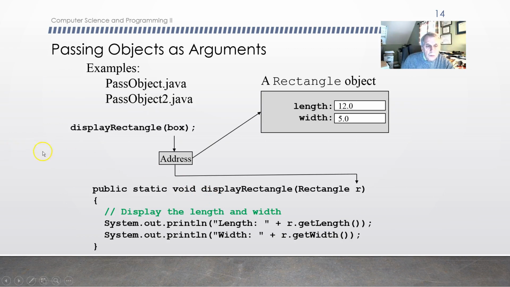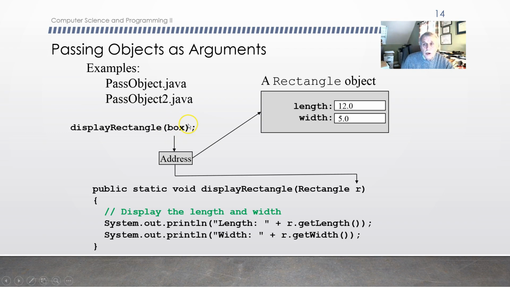Here's how it comes together with a little diagram. And there are a couple of examples here, passobject.java and passobject2.java. Take a look at those source code files for the details. But here I'm focusing on just the key aspect of this communication element. So we've got something called display rectangle, and we're passing this thing called box. Well, what is box?